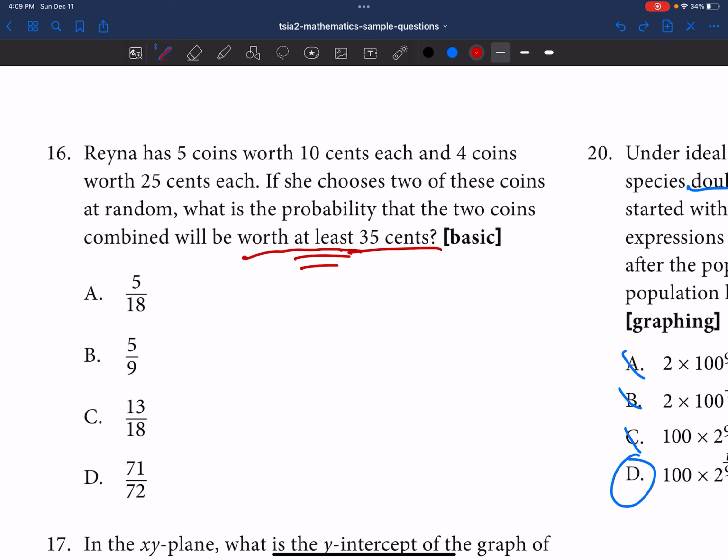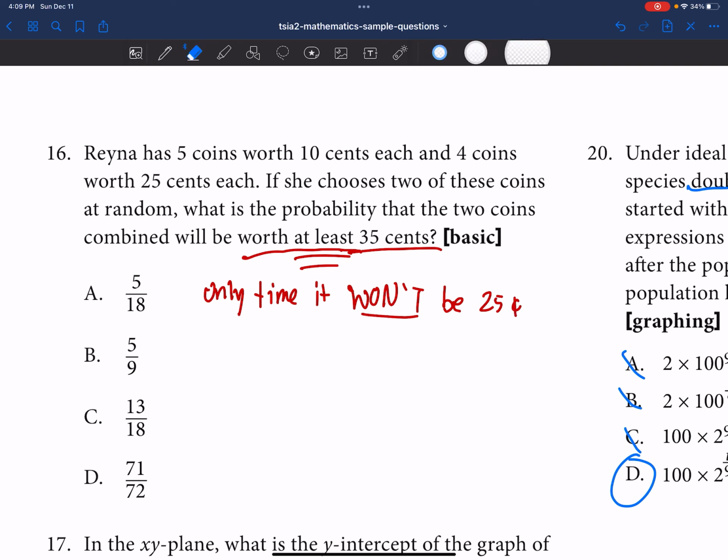Well, the only time it won't be 35 cents is if she picks 2 10-cent coins.